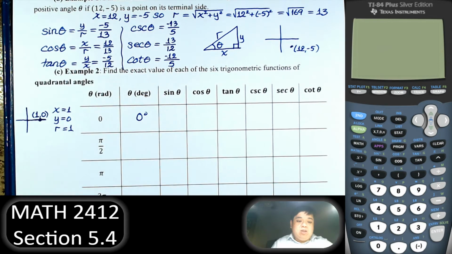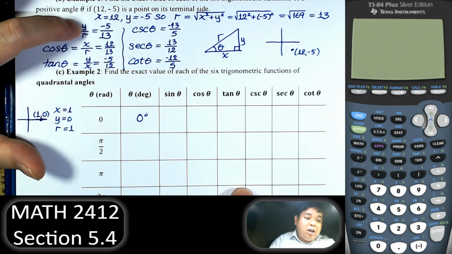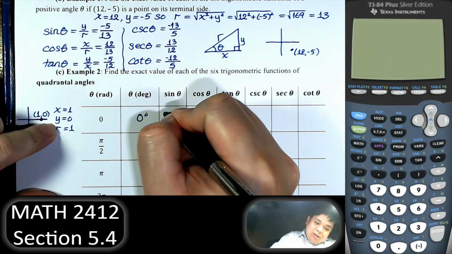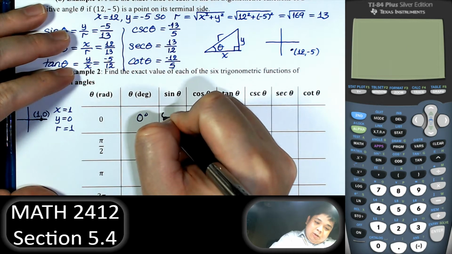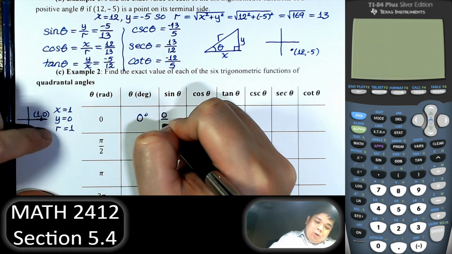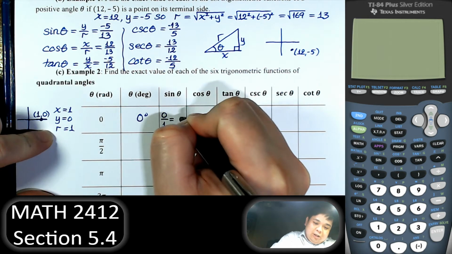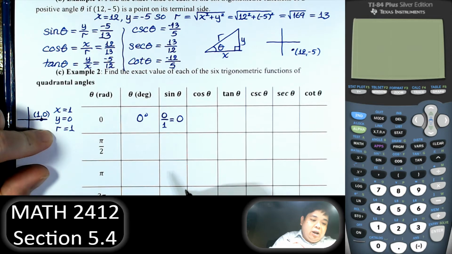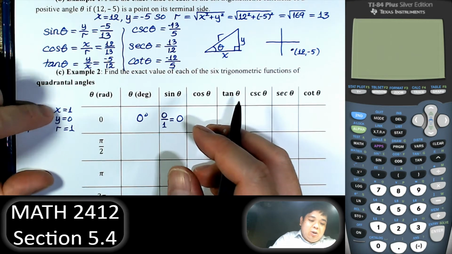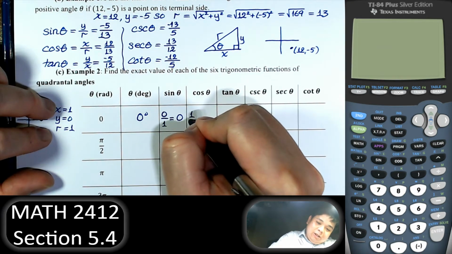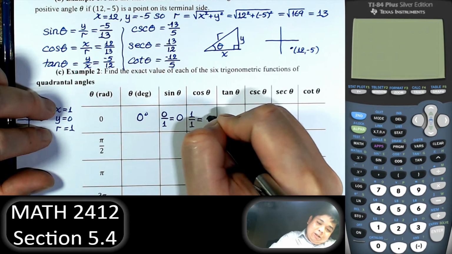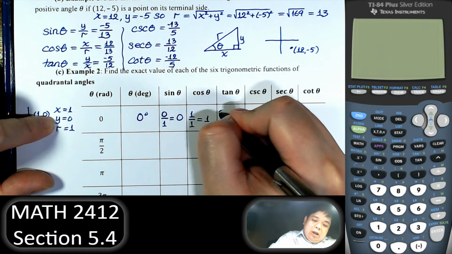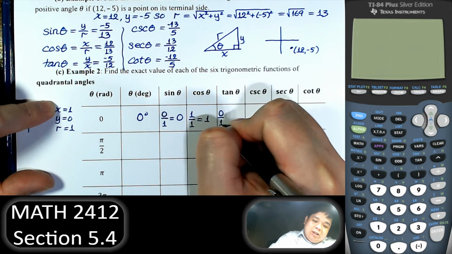Now, based on the definition, sine is y over r, cosine is x over r, tangent is y over x.